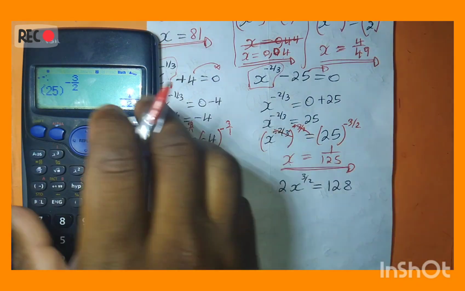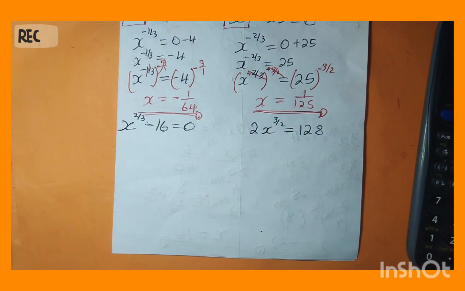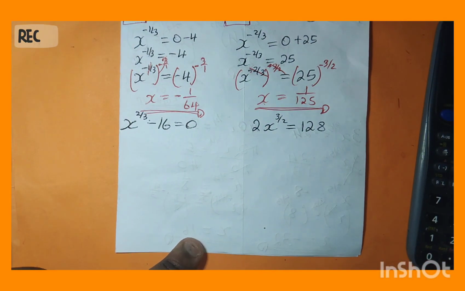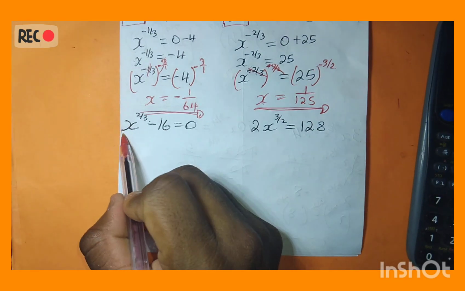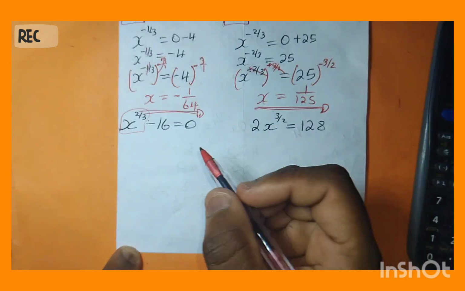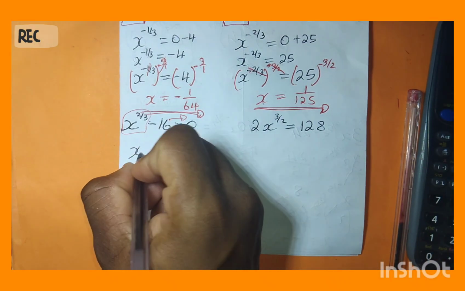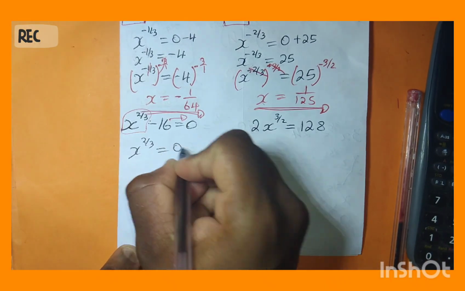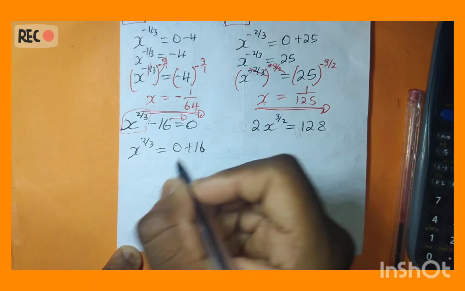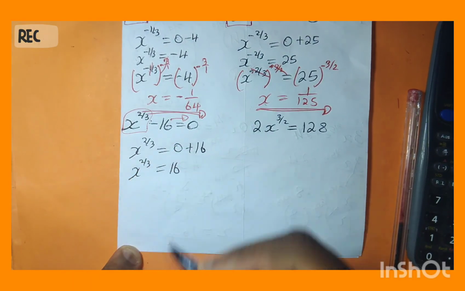Do you see? Then what about these two questions? Even as well as these two questions, they're straightforward. In order for you to take a reciprocal of the exponent fraction, you should make all of this alone by taking that to the other side. So this is what will happen. There got 2, and they will change the sign, become positive 16 there. Meaning that I've got 16 to the 2 over 3.